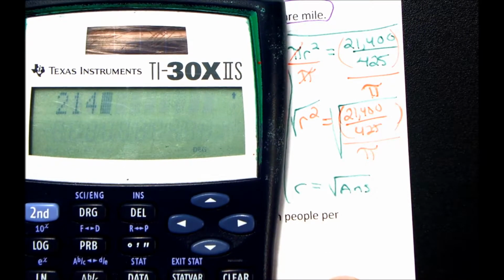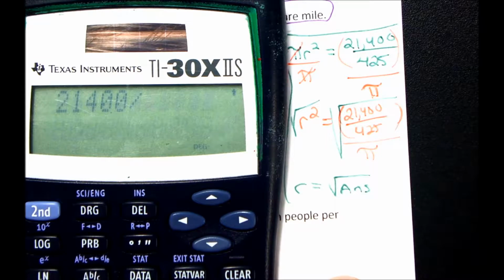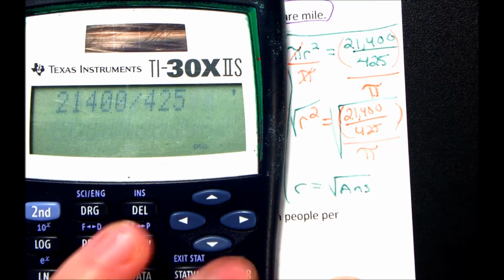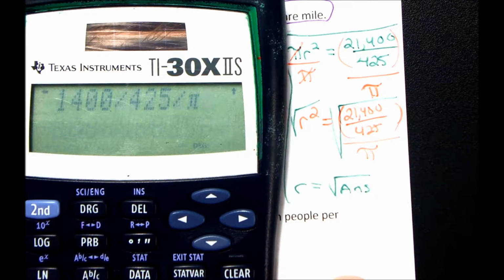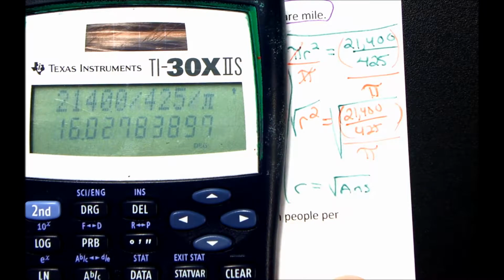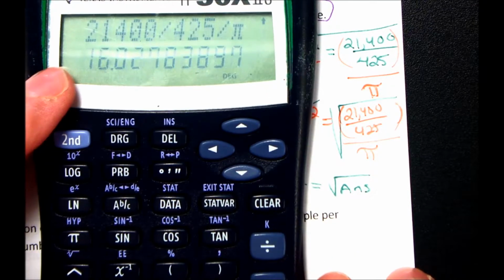So 21,400 divided by 425 divided by pi. Hit equals. So I get the same value, 16.02, blah, blah, blah. Leave it in your calculator. Do not round it.